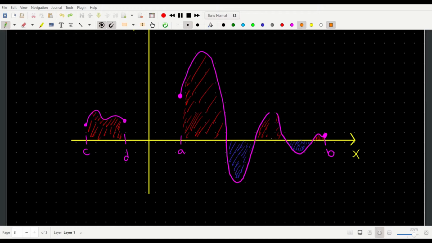Let's just say at this point right here, the function is discontinuous, and we'll say from the right it goes up to positive infinity.